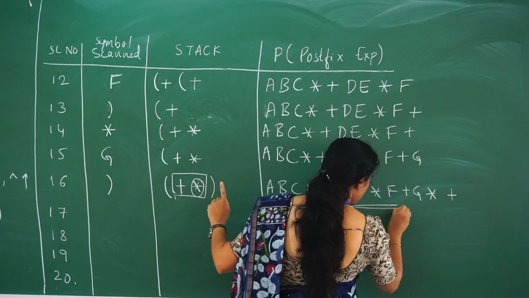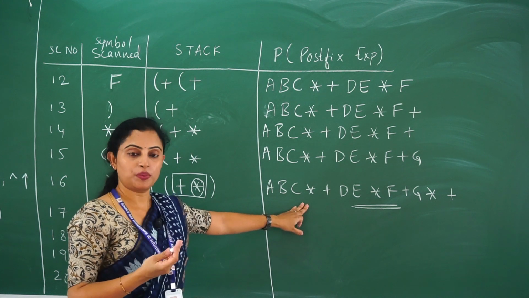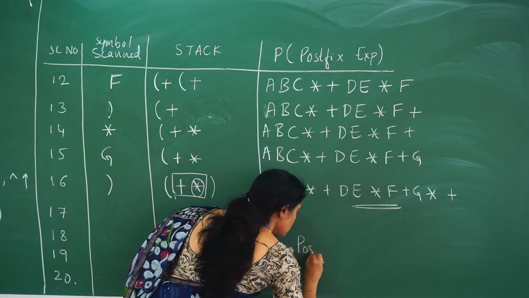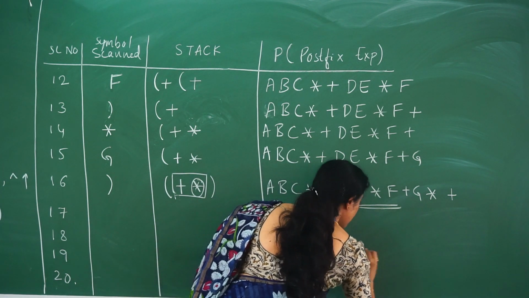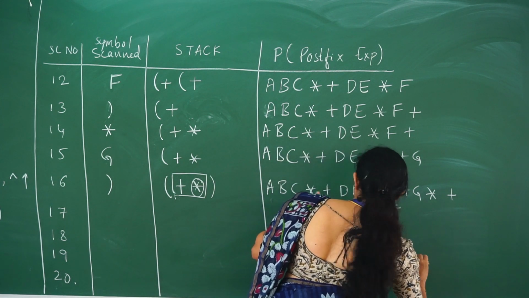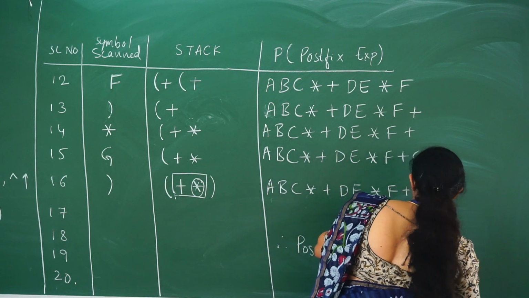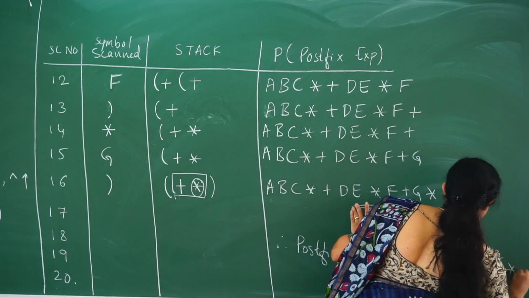So this is the postfix expression which we have obtained from the given infix expression. Therefore the postfix expression is equal to ABC asterisk plus DE asterisk F plus G asterisk plus.